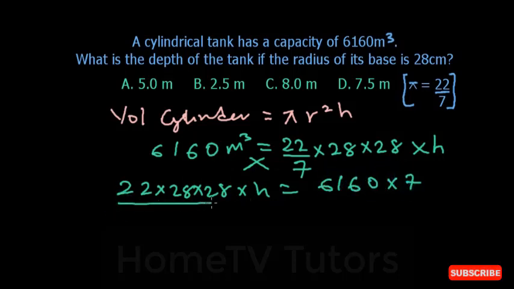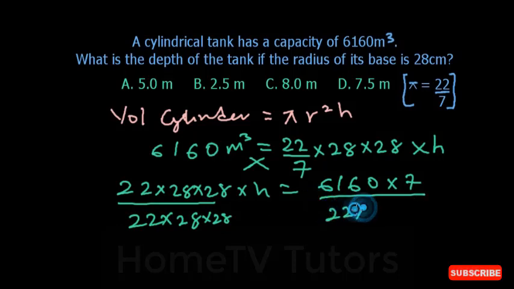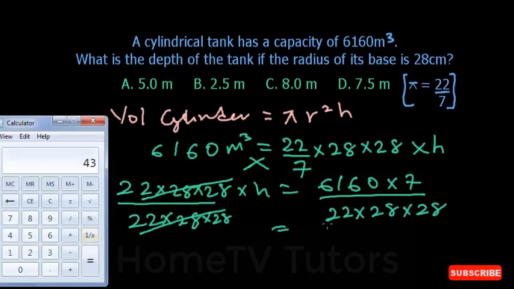We divide both sides by 22 times 28 times 28, and this cancels this out.